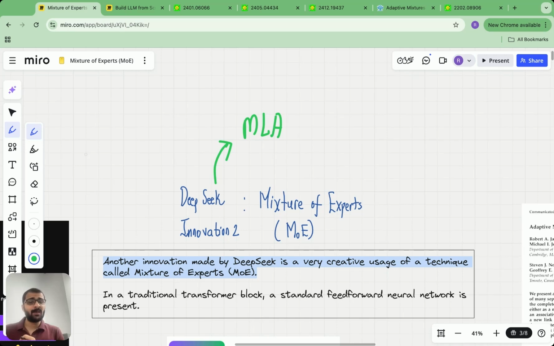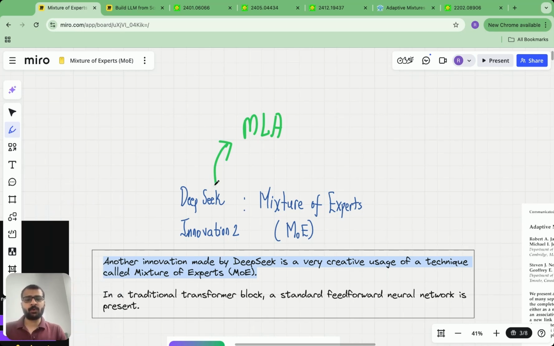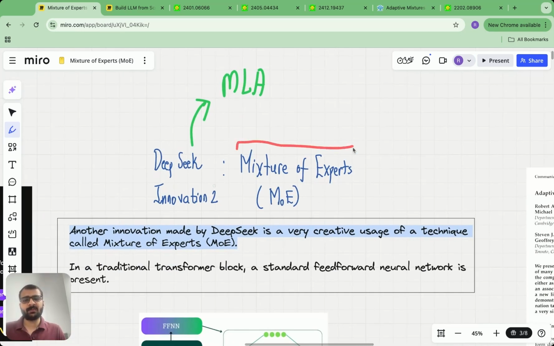They reduced the KV cache size and at the same time maintained language performance. And that was just beautiful to see. But along with latent attention, one of the other major innovations which DeepSeek made was something which is called mixture of experts. And we are going to look at the main idea of mixture of experts in today's lecture.